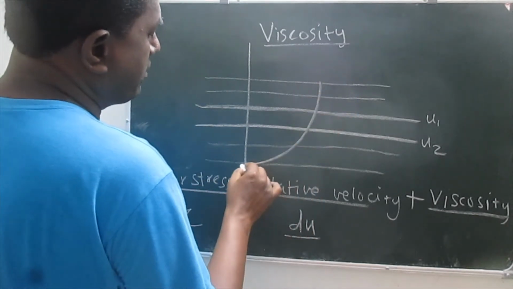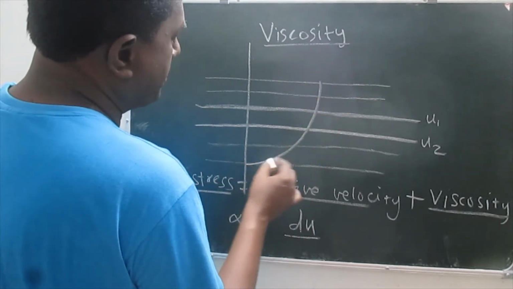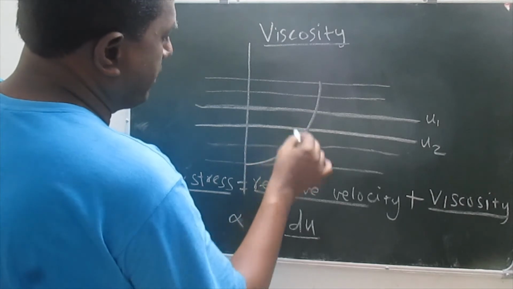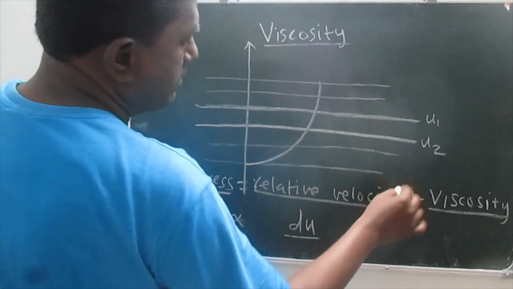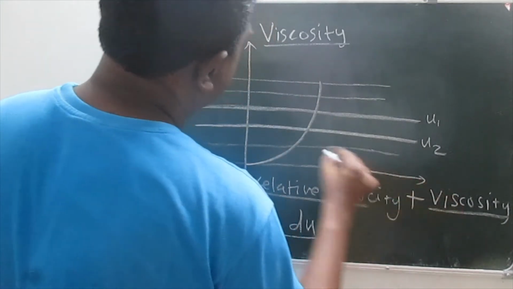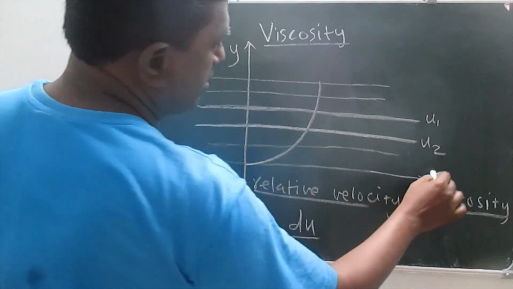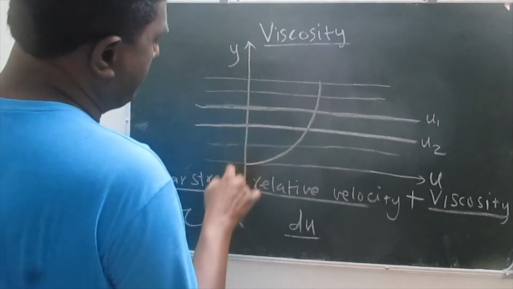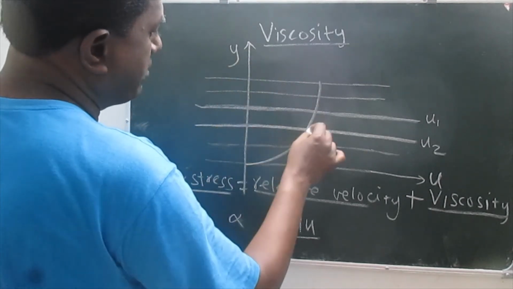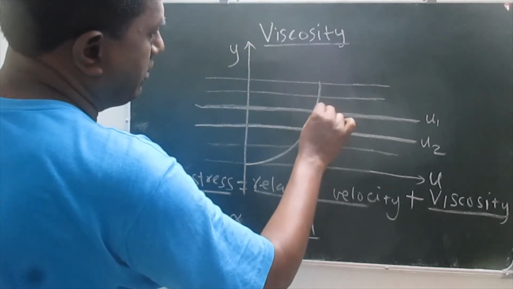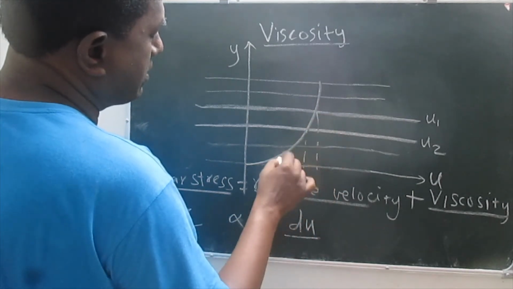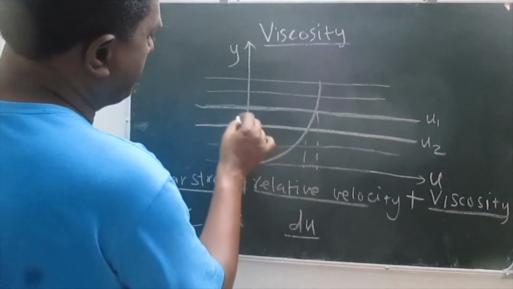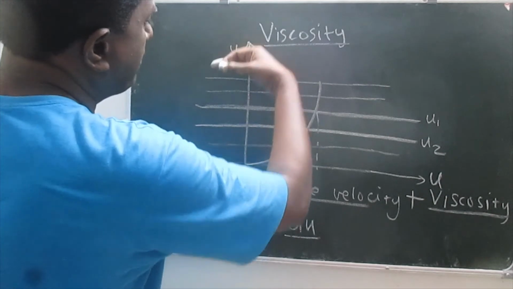We know well how the velocity profile is generated. The vertical axis is y, and the horizontal axis is the velocity u. With respect to this velocity profile, we have different velocities and also different heights.